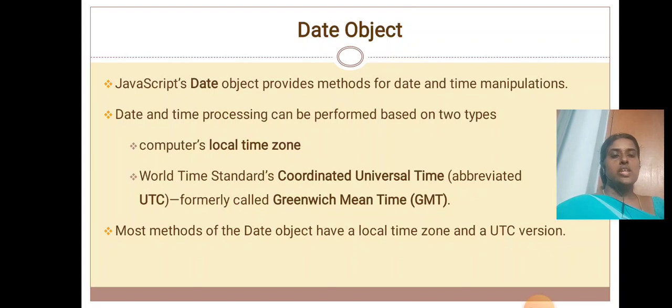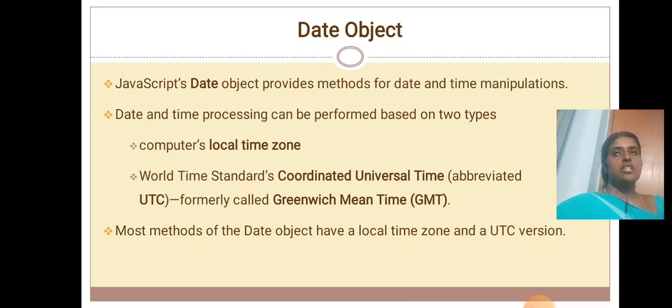There are two ways we can do these operations, either in a computer's local time zone or as per the World Time Standard, Coordinated Universal Time, abbreviated as UTC, formerly called Greenwich Mean Time.